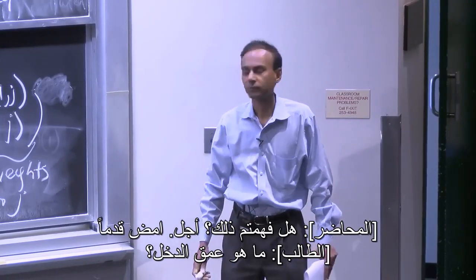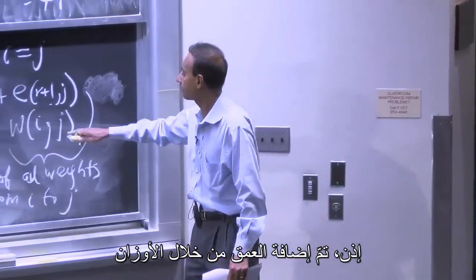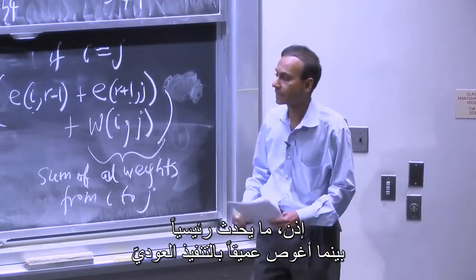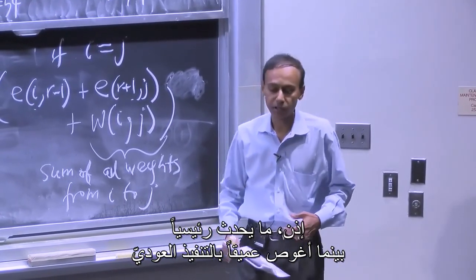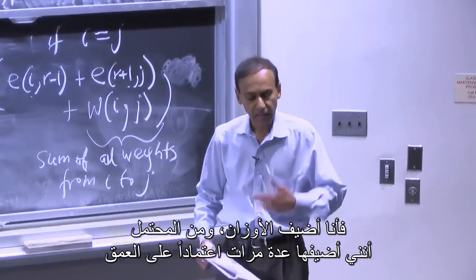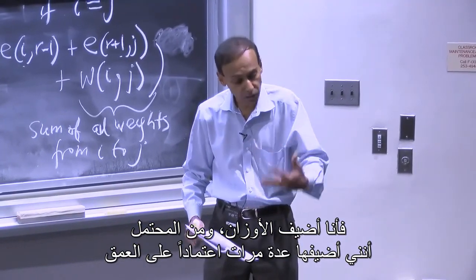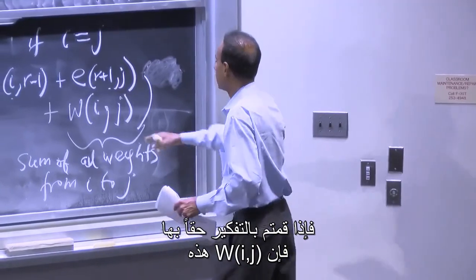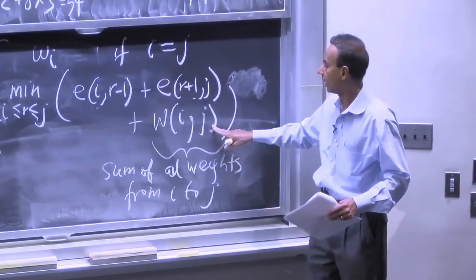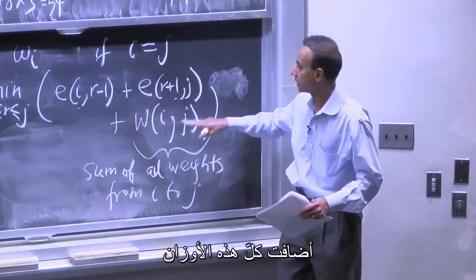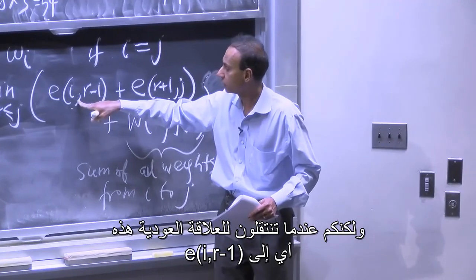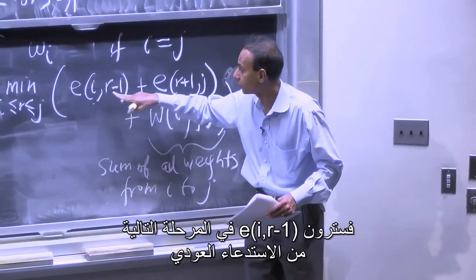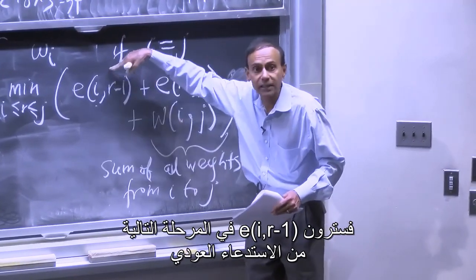Where does the depth come from? So the depth is getting added by the weights. So basically what's happening is that as I go deeper into the recursion, I'm adding the weights and potentially multiple times depending on the depth, right? So if you really think about it, this w(i, j), I added all of these weights, but when you go into this recursion, into the E[i, r-1], well, you're going to see i to r-1 in the next level of recursion.